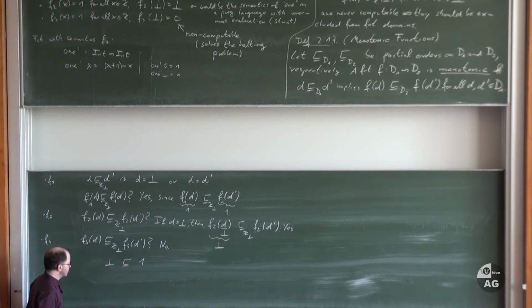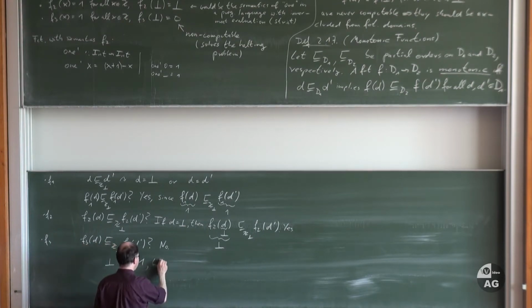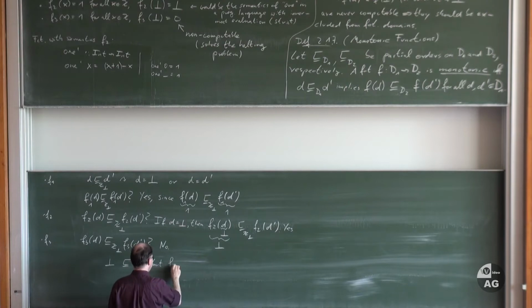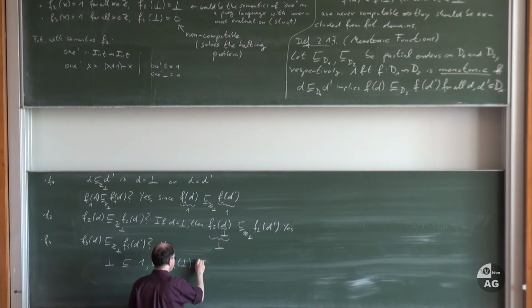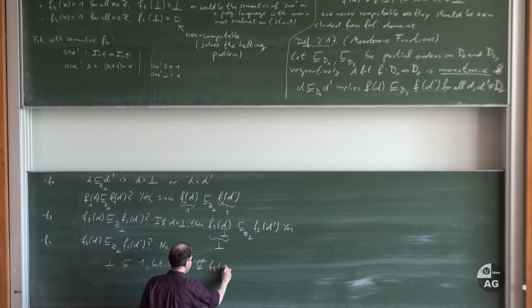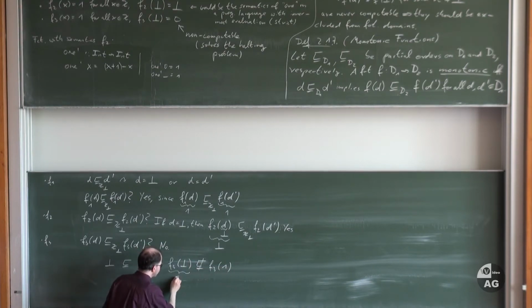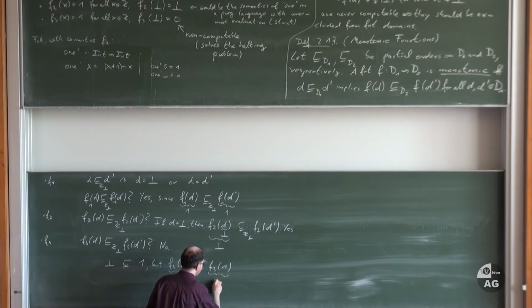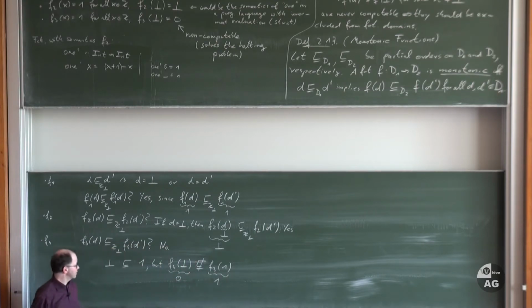So we have this. But f3 of bottom is not less defined or equal to f3 of 1. Why not? Well, f3 of bottom is 0, and f3 of 1 is 1. And 1 is not less defined or equal to 0.